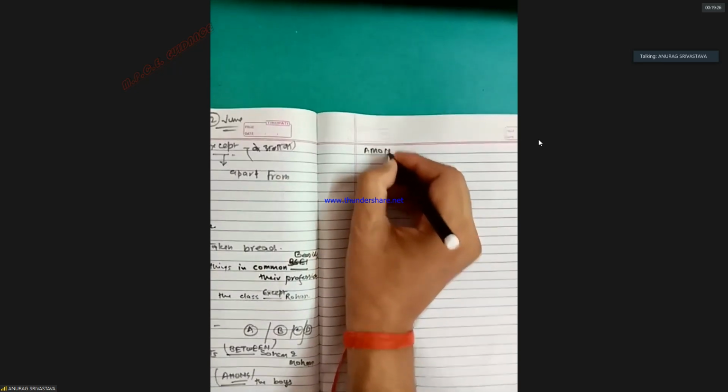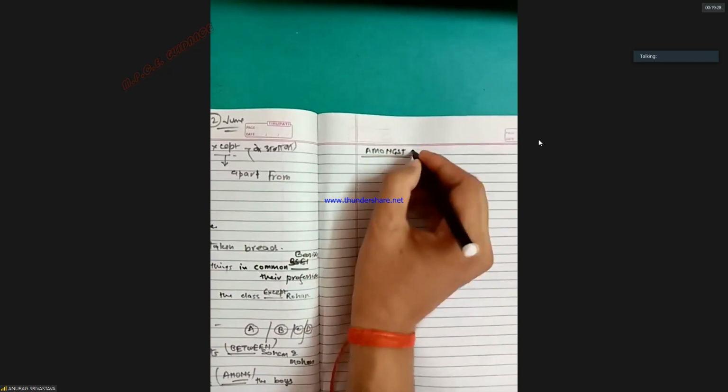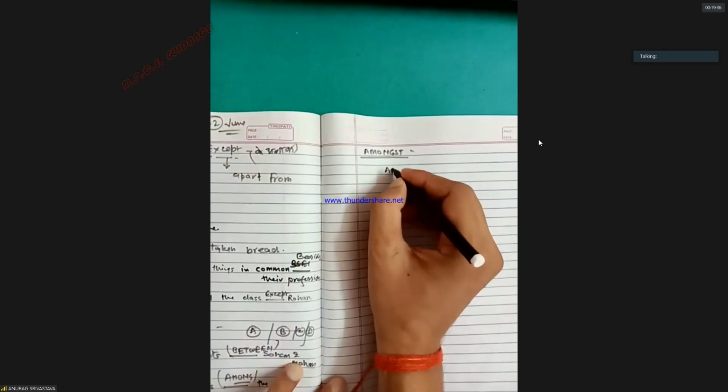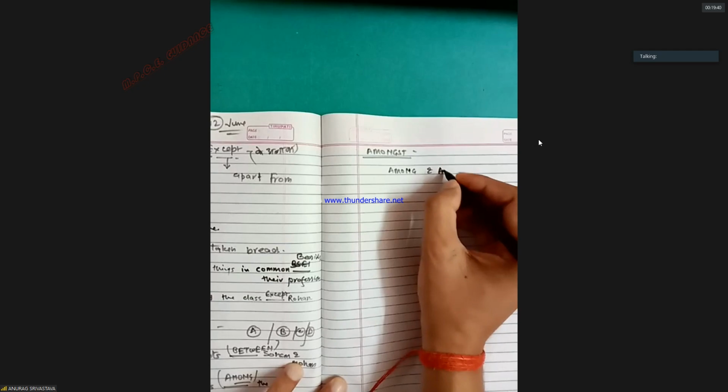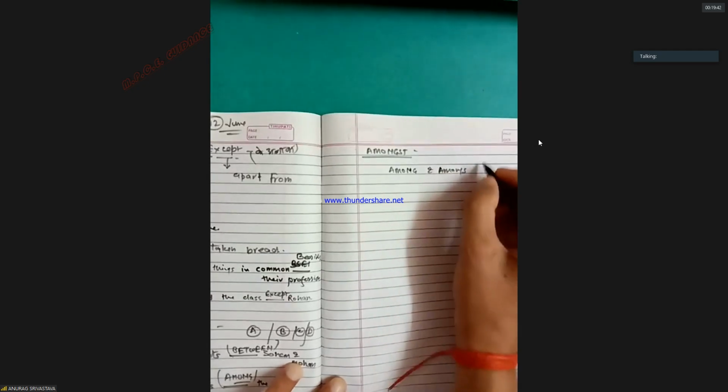Now we have another option similar to among, which is amongst. What is the basic difference between among and amongst? Among and amongst have the same meaning.